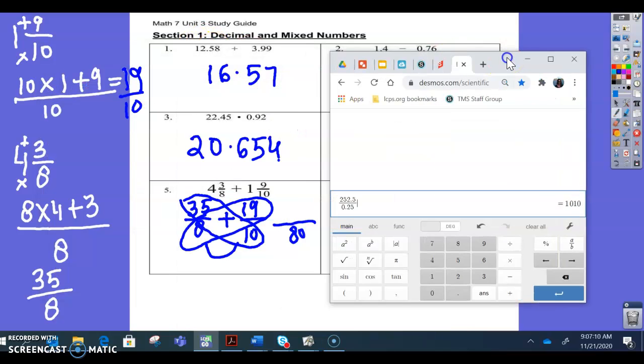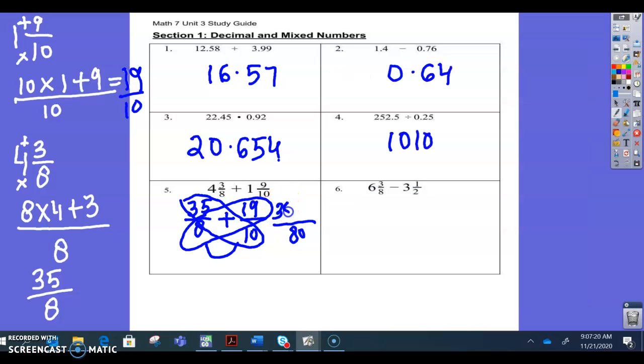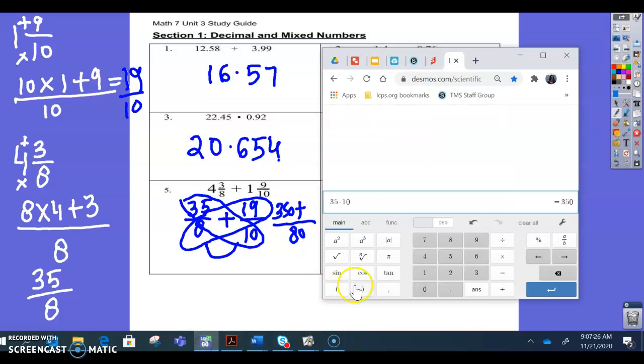When we have a calculator, we could just use it. I'm going to clear this, and 35 times 10 equals 350 plus, what is 8 times 19? So I'm going to again use my calculator, which is 8 times 19, and I get 152.